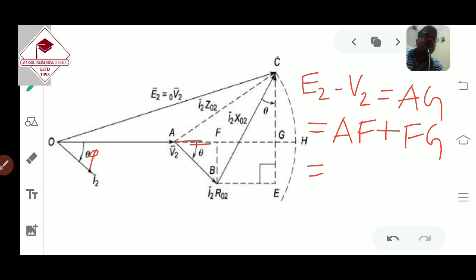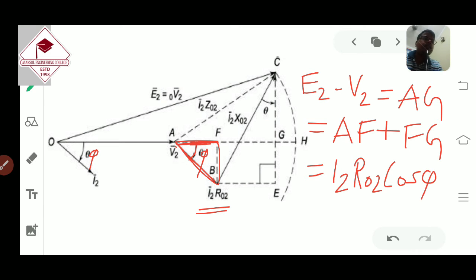What will be AF? From this right angle triangle you can find this AF. We know this value, that is I2 R02, and we know this angle, that is phi. So AF will be I2 R02 cos phi.